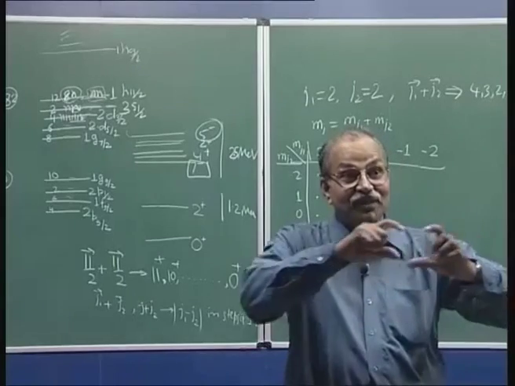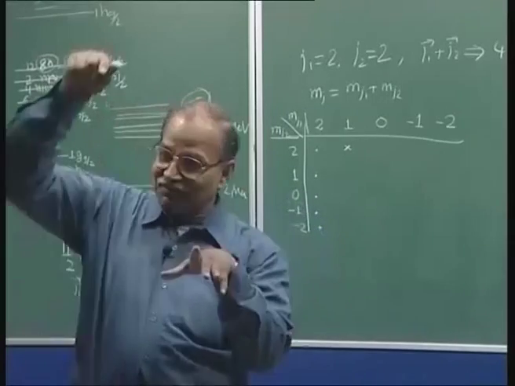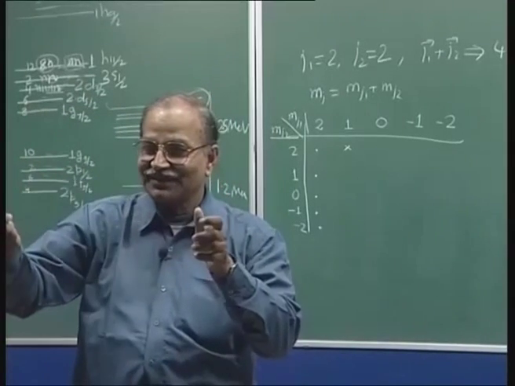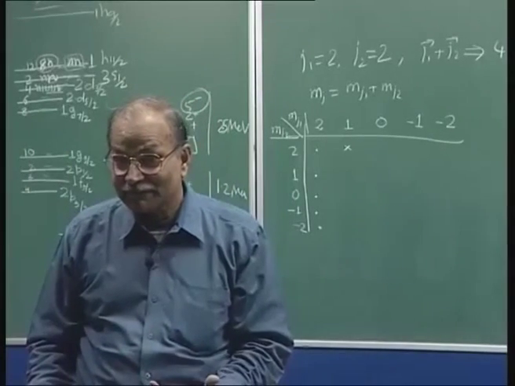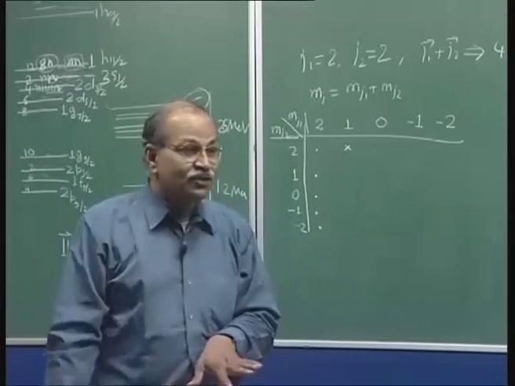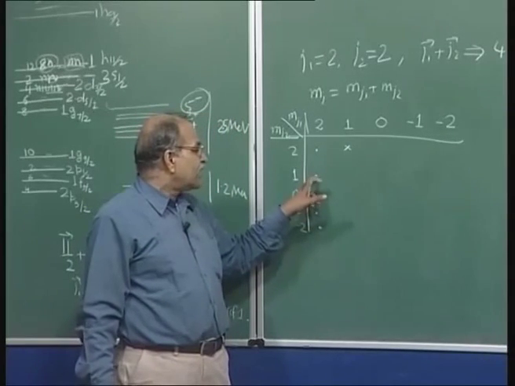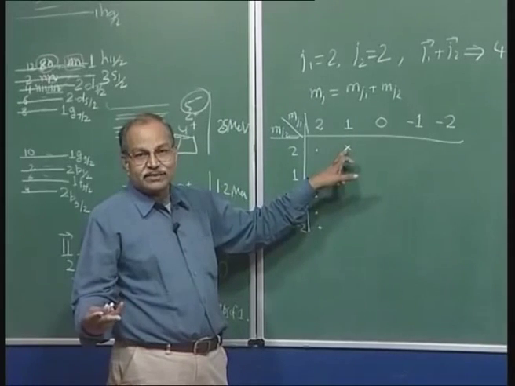So, we combine and say that okay, spin up plus spin minus the opposite one, we make symmetric or antisymmetric combinations, right. So, for identical particles you have to do this. So, in this scheme I will count this and I will not count this, I cannot count them as two states.